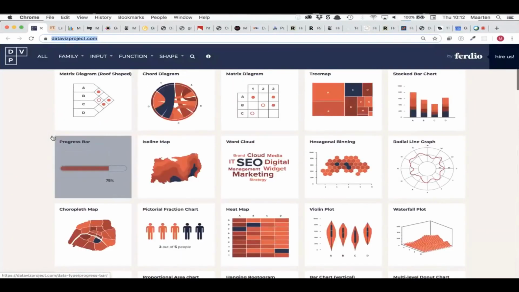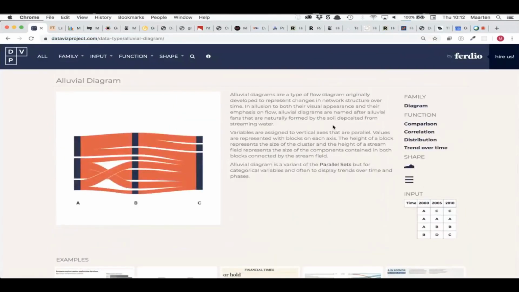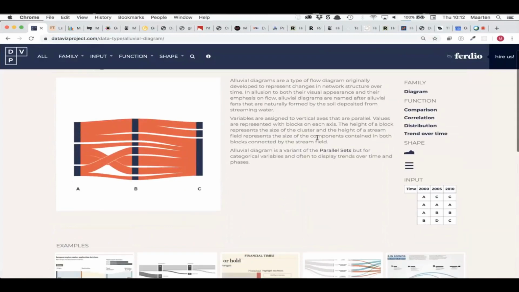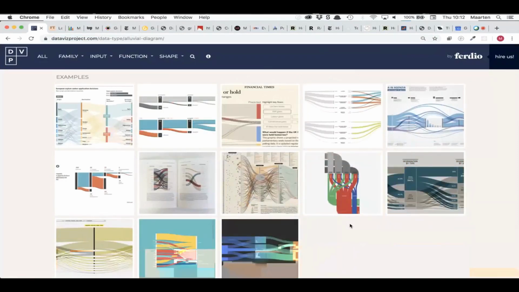And the nice thing about the DataViz gallery is that you can click any of these and you'll get an explanation about what data you can use it for, what the strengths and weaknesses are of each visualization, and you also get examples of this chart type being published somewhere in the news or somewhere online.